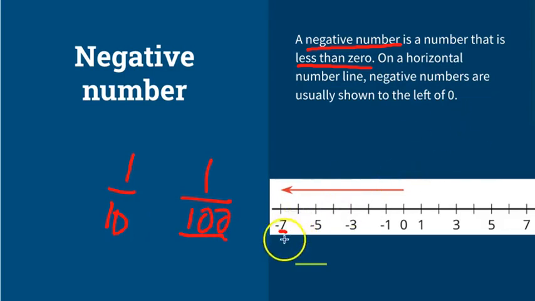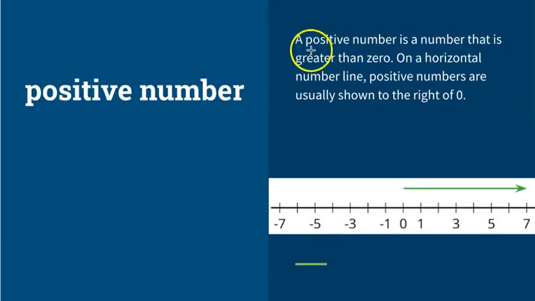It does have a similar feel that for whatever number you have negative, it actually is worth less than the number that's smaller than it. So -7 is worth less than -6 or -5. And a positive number is any number at all greater than 0.